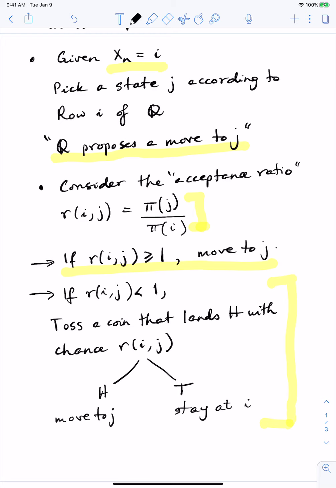And it is brilliant in its simplicity because it just works. It is very easy to show that this will produce a chain that has our pi as its steady state distribution.